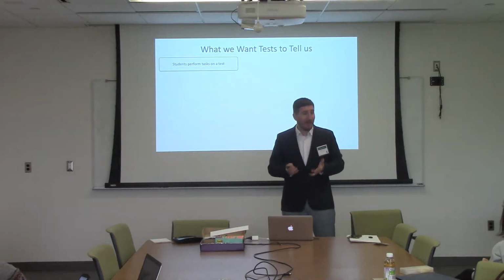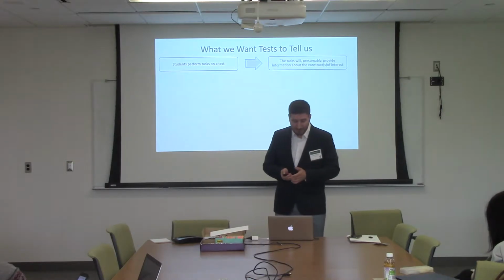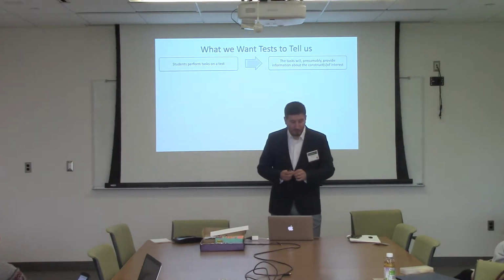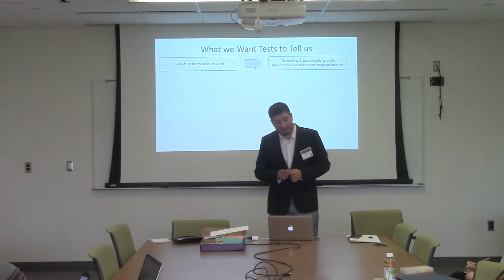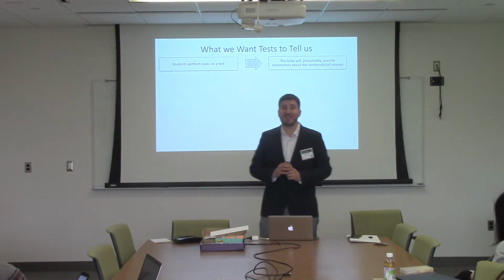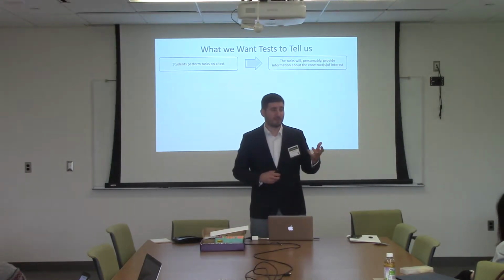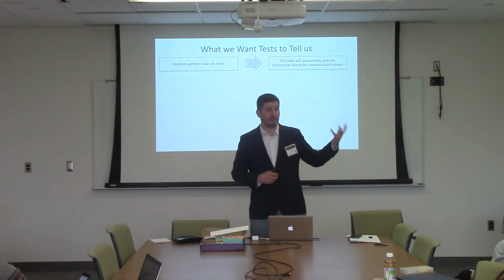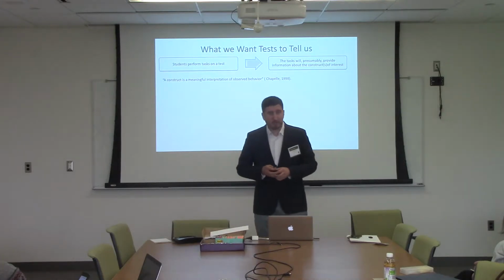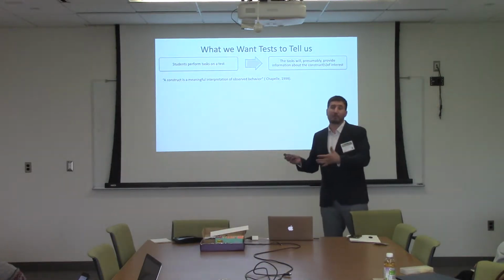So in an ideal world, students perform tasks on a test, and those tasks will presumably provide information about the construct of interest. In other words, don't worry about the word construct here. It's basically what we're trying to measure. It's gonna tell something about what we're trying to measure. A construct is like a meaningful interpretation of an observed behavior.